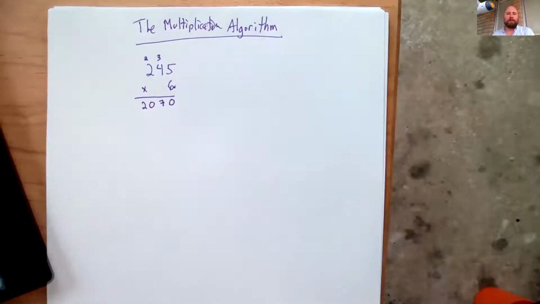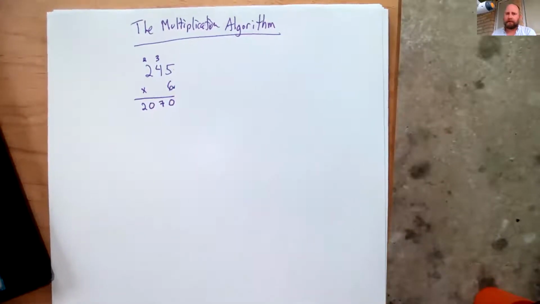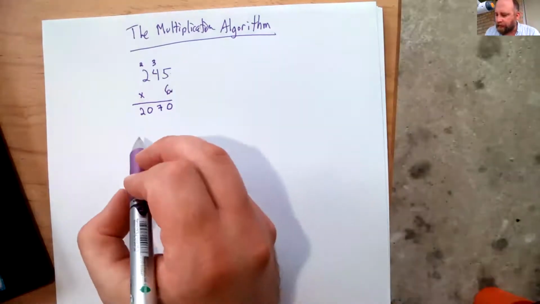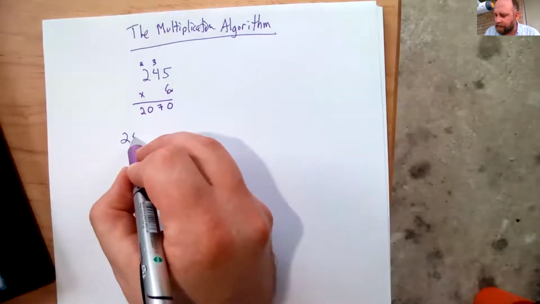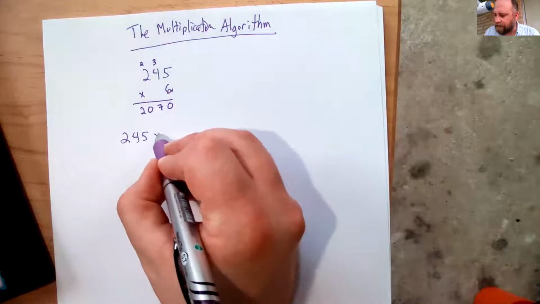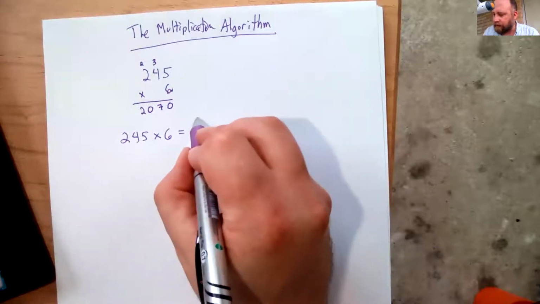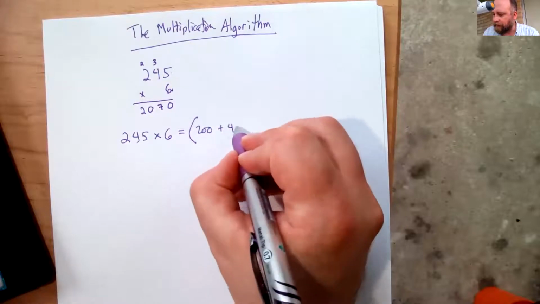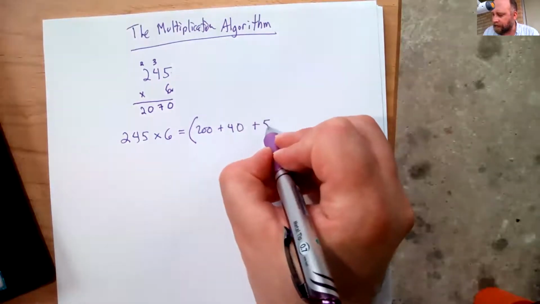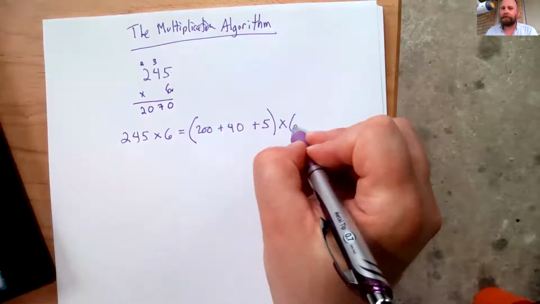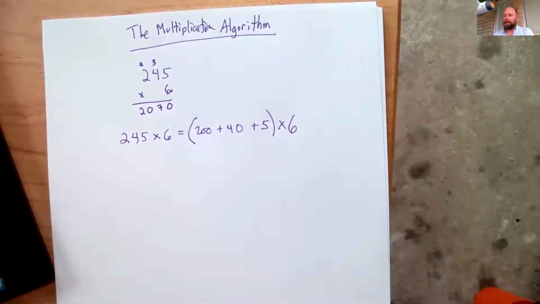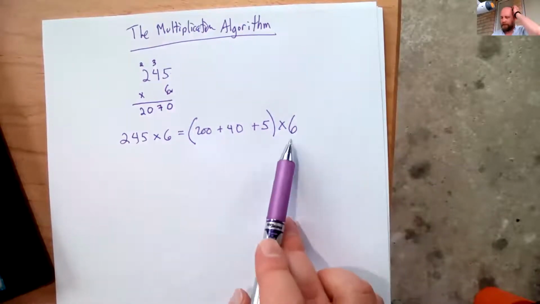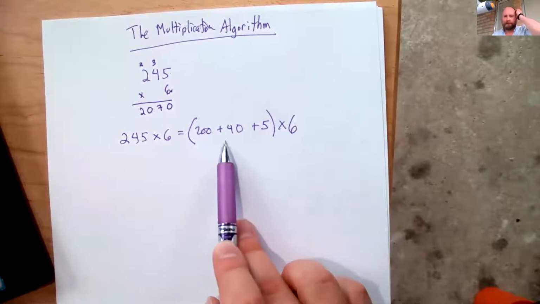Now, why does that work? Well, as always, we're writing 245 as 200 plus 40 plus 5. And the multiplication distributes over addition.